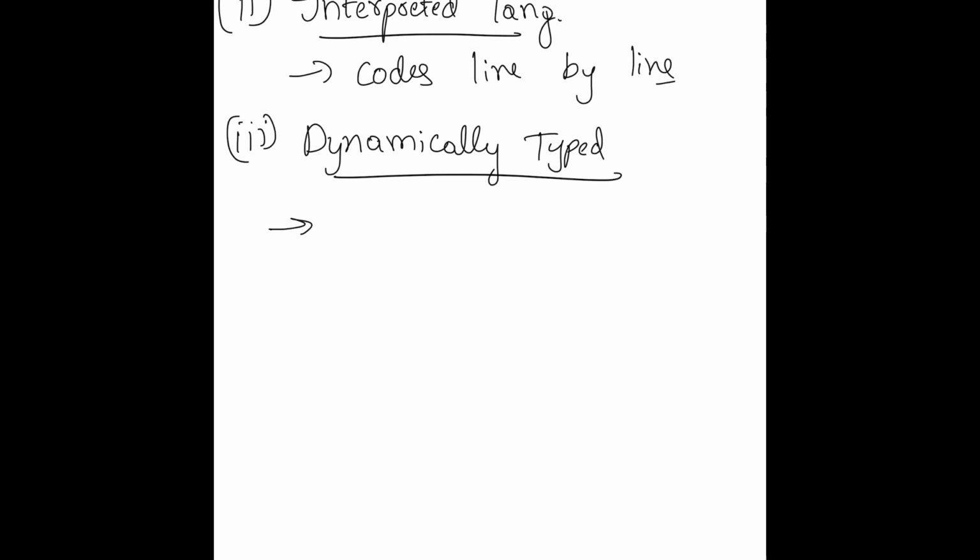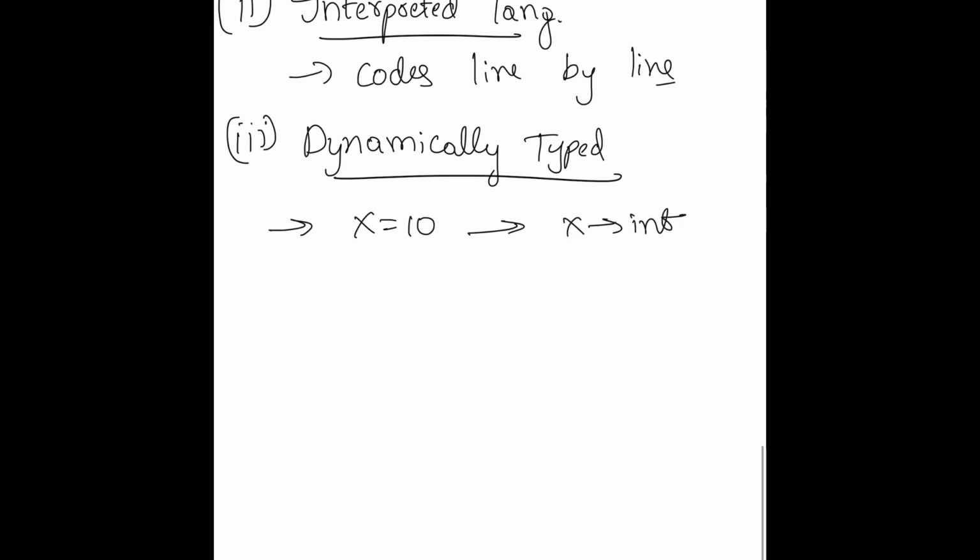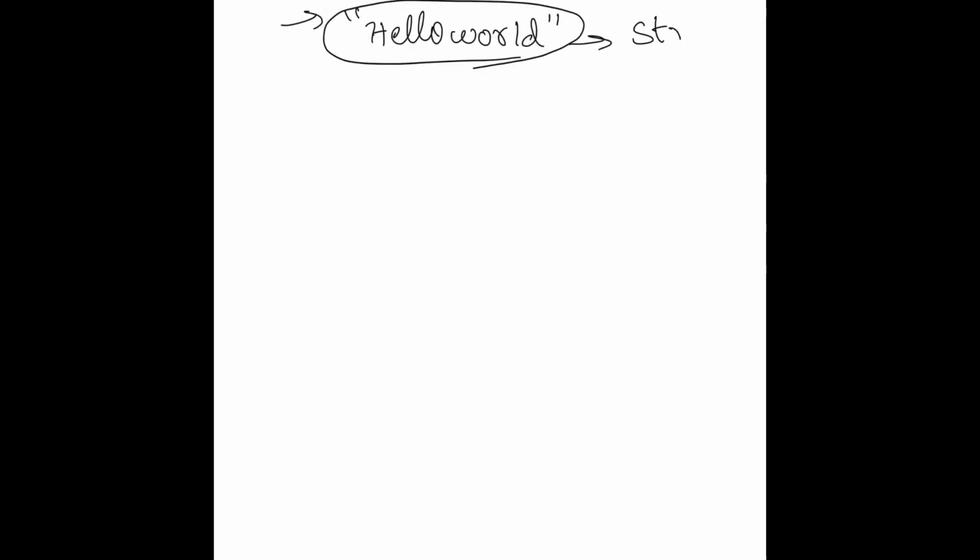We can just write x equal to 10. From this, the system understands that x is an int type variable. And suppose we give a string of hello world. The system will understand it is a string.